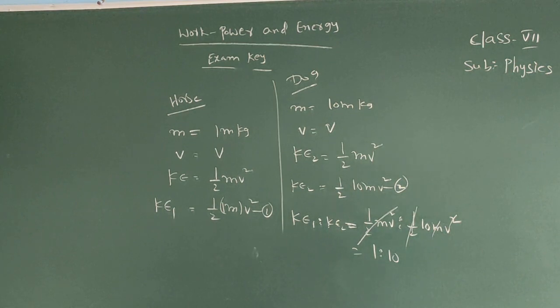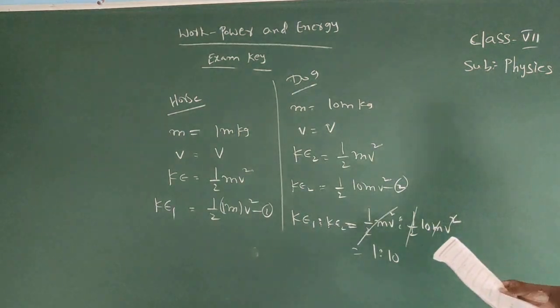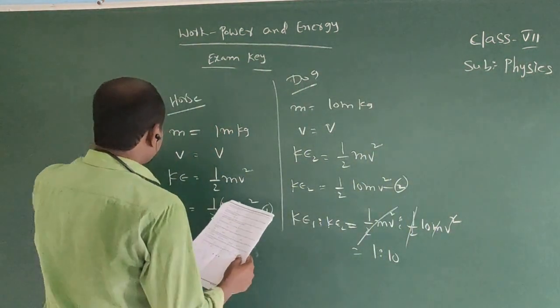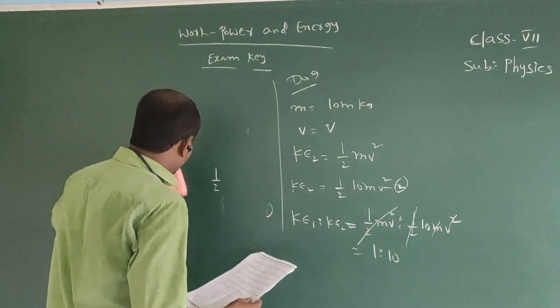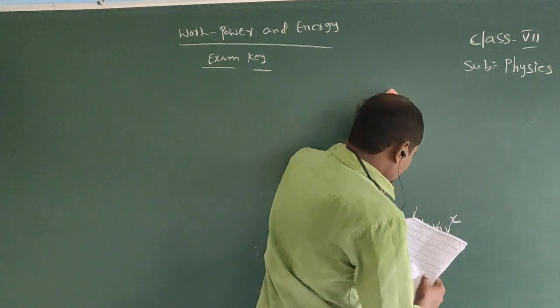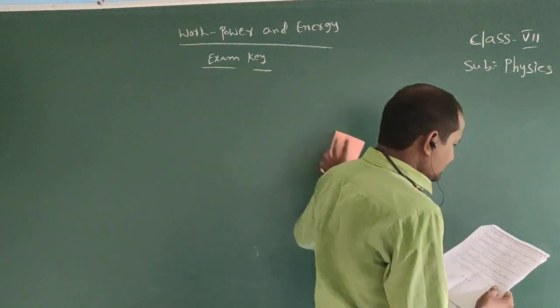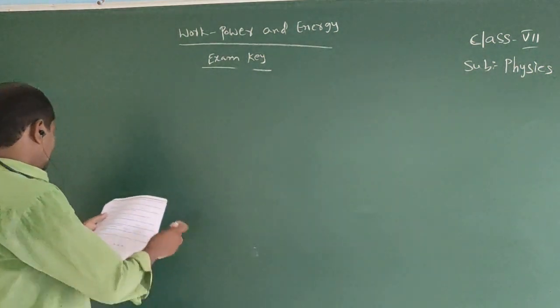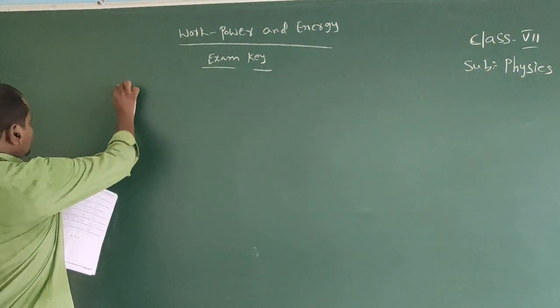Okay, next one. If the mass of the body is changed to 16 times, then what should be the change in velocity such that its kinetic energy remains constant? So your kinetic energy remains constant, but your mass is changed to 16m.